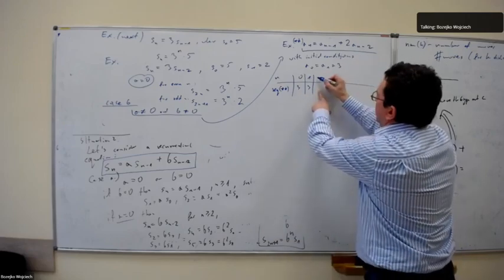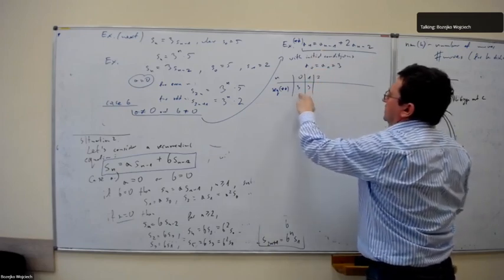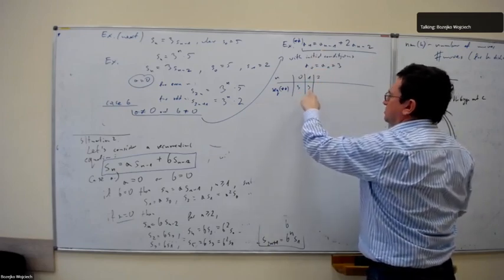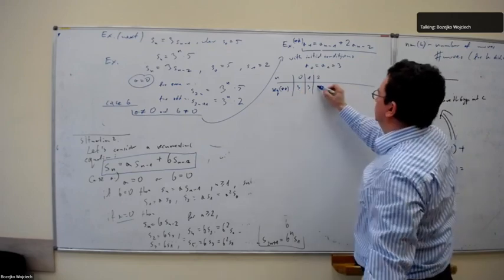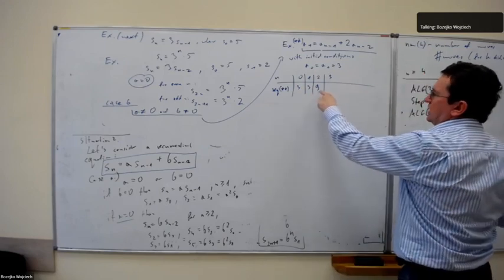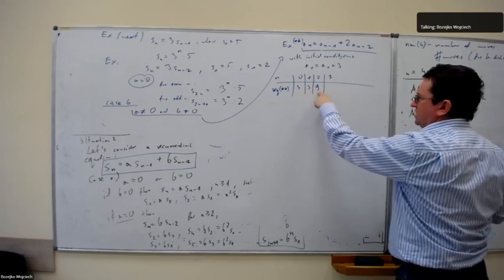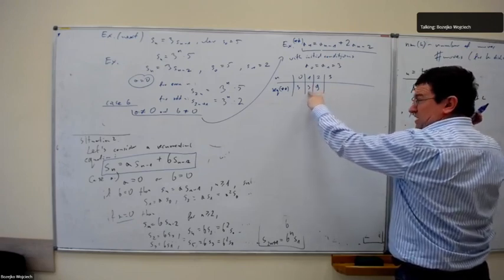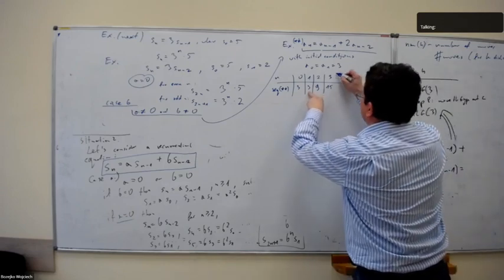For 2, we have the previous one, plus 2 times this one, so 3 plus 6, which is 9. For 3, we add this one and 2 times this one, so 9 plus 6, which is 15.